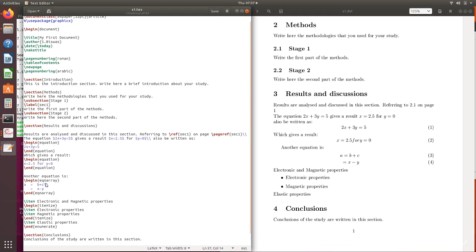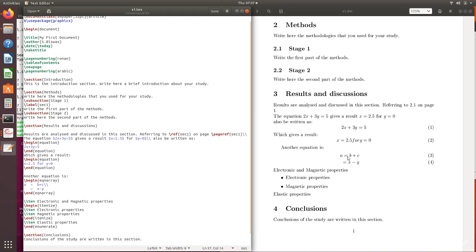Many times we have to write our equation in this way, and this will give you the output as given here. So writing an equation in this way, that is a is equal to b plus c, and also a is equal to x minus 1, since this a is equal to these and these, that means there are a number of equations present in this case.